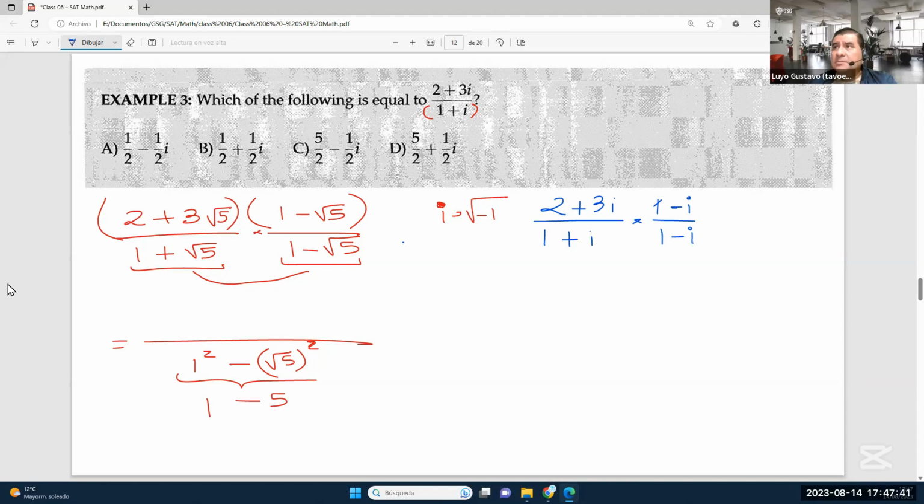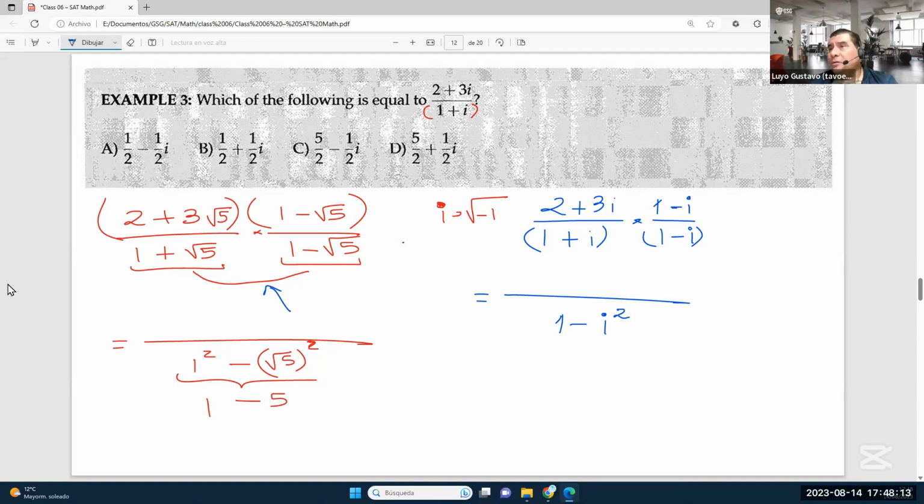If we do this, then of course, this product, we can apply the same identity we used here. If you multiply the sum and the difference of two numbers, you will get the difference of squares. So what is this? In the denominator, we have 1 minus the square of i.